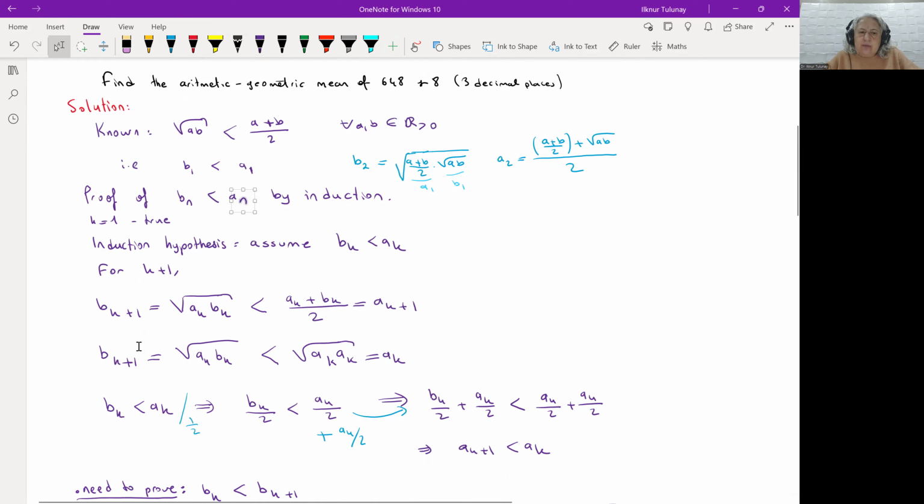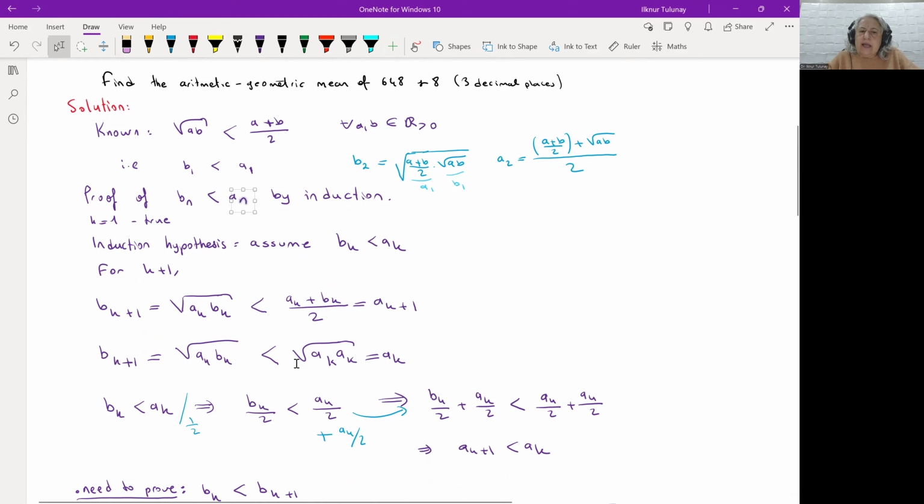Now, b_(k+1), by definition, is the square root of a_k b_k. Now, this b_k, I'm going to replace with a_k, but when I do that, it will be smaller than or equal to, because b_k is smaller than or equal to a_k.